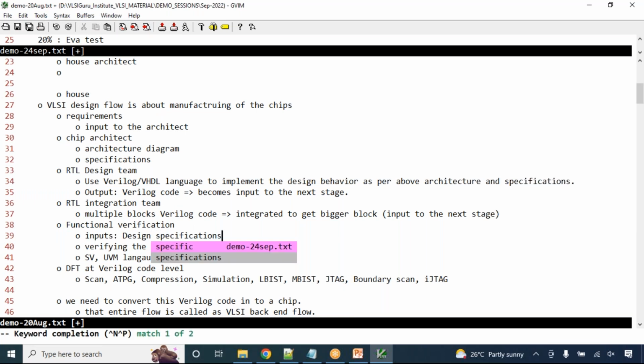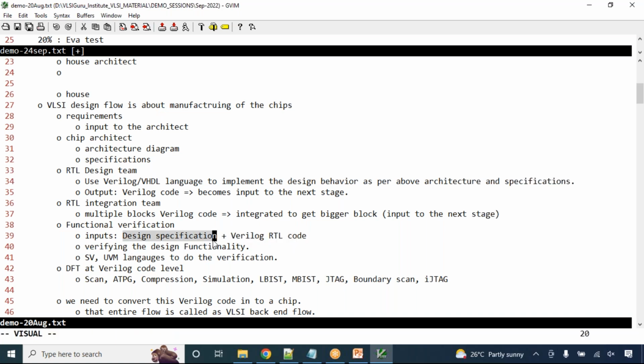Design specification plus the Verilog RTL code are the two inputs. What the verification engineer is trying to prove is that this Verilog code has been done as per the specification. Both of them are matching, is what he is trying to do.